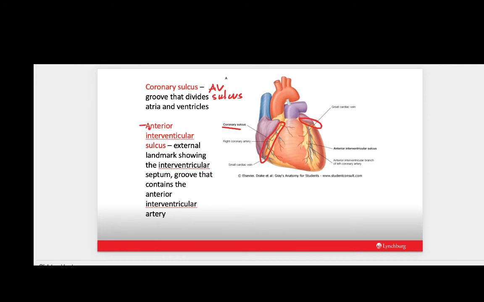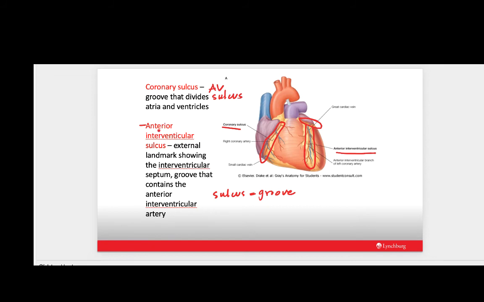Then the anterior interventricular sulcus is this external landmark here between the two ventricles. A sulcus is a groove. Usually it's a groove because something lies in it, and so this creates a groove between the right ventricle and the left ventricle for the anterior interventricular artery.